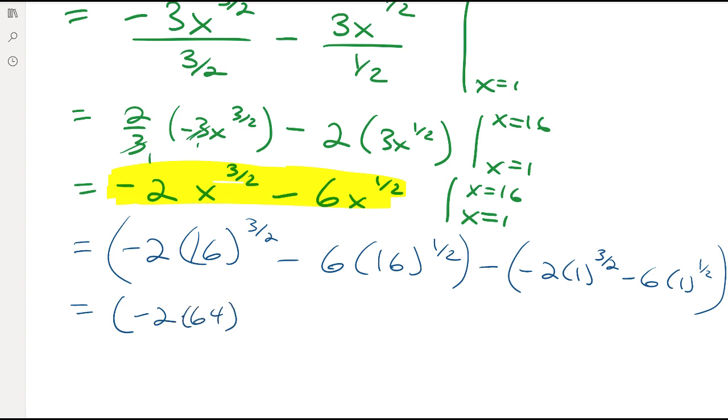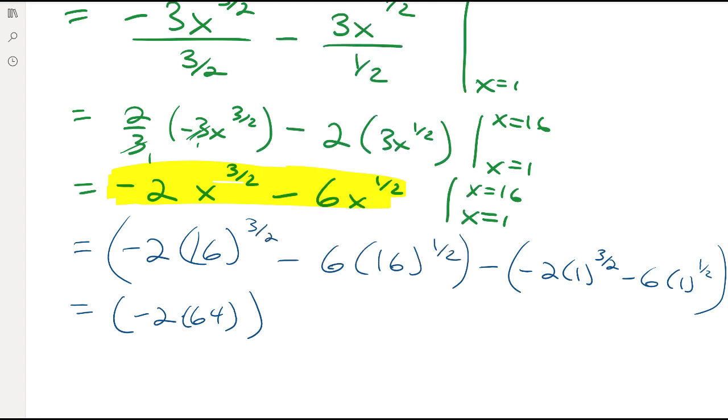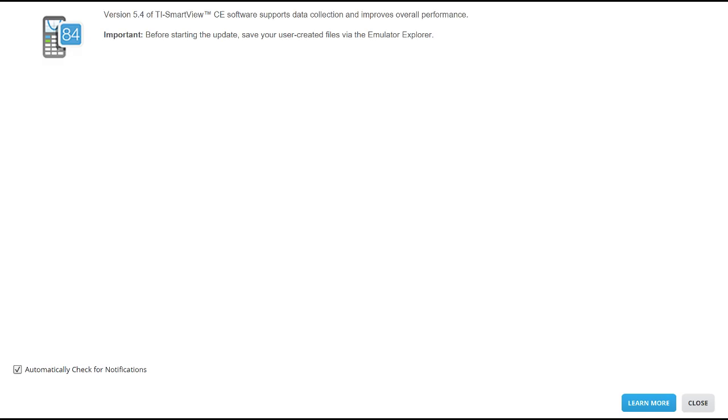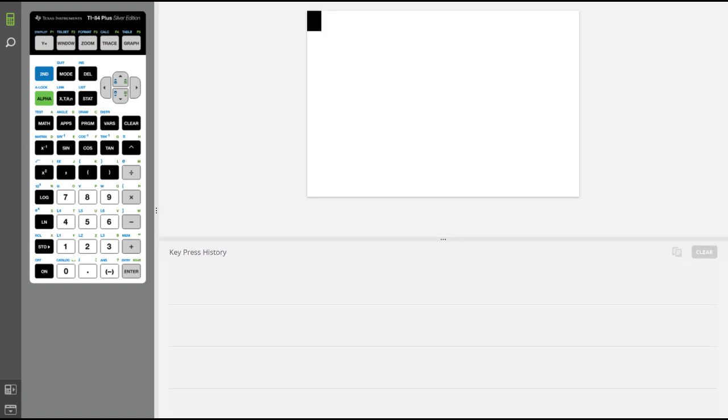In fact, let me show you my calculator really quickly, just so you guys don't think I'm giving you the wrong information. So is it 16 to the 3/2? All right, let's make this a little bigger.